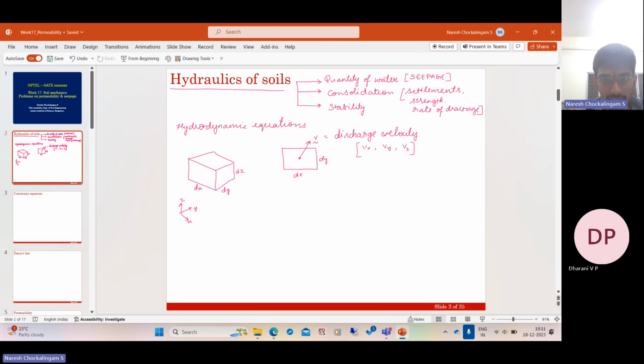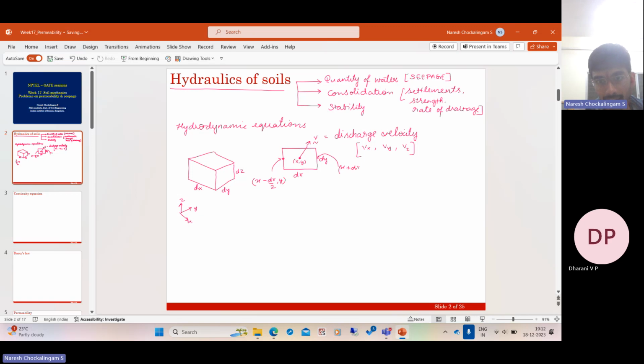Suppose the x component of velocity is Vx at the center, at point x comma y. The point on this face will be x minus dx by 2 comma y, and the point on the other face will be x plus dx by 2 comma y, as the entire length is dx.